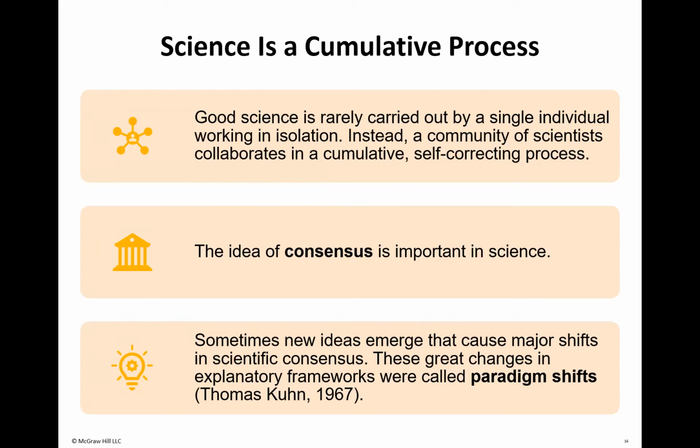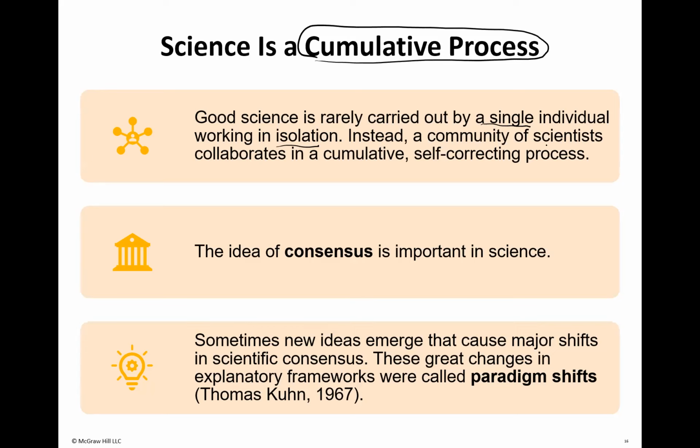Again, science is a cumulative process. This is not an individual result. Scientists all over the world, most of the time, will meet in seminars to share their results. So good science is rarely carried out by a single individual working in isolation.